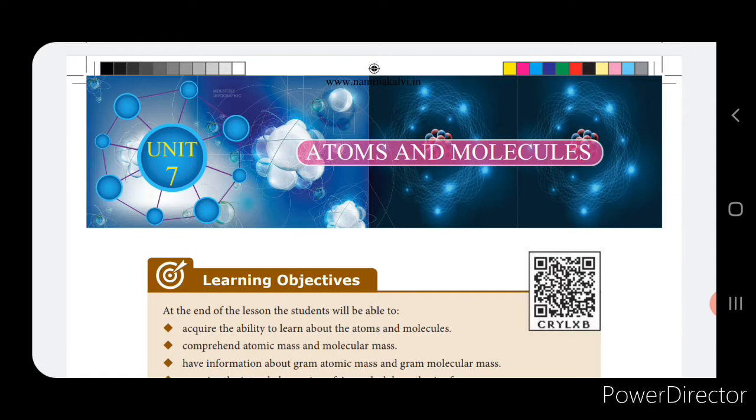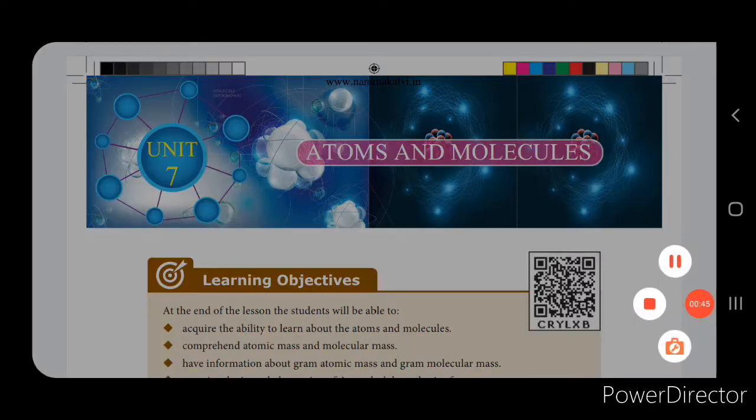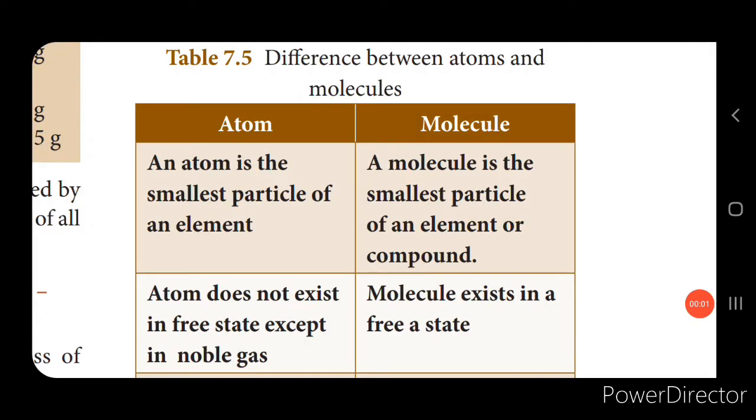Today in this session, we are going to see the difference between atoms and molecules, mole concept, what is Avogadro hypothesis, relationship between vapor density and relative molecular mass, and few numerical problems based on the mole concept. Now let's go into the session, children.